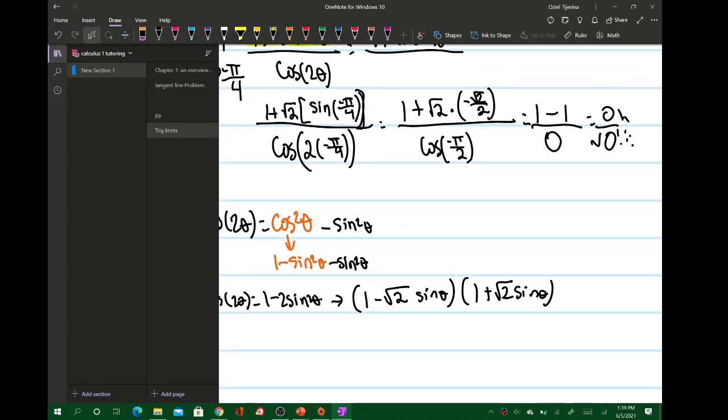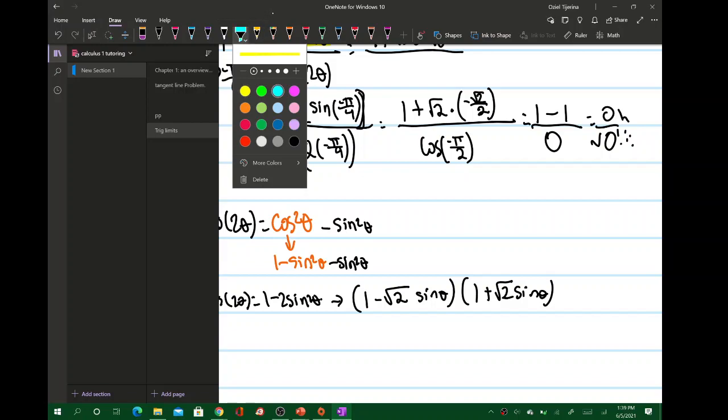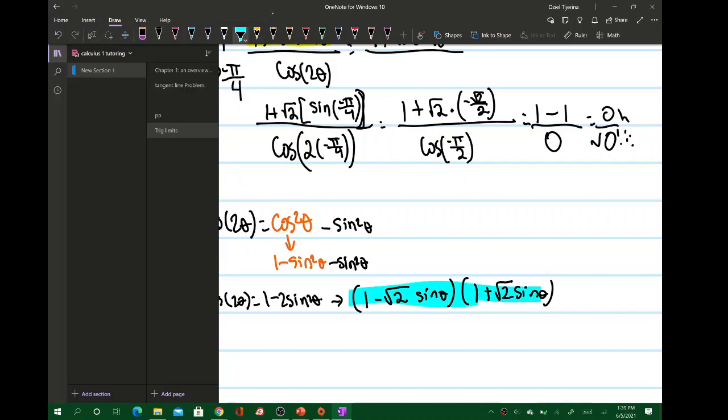So if I color code, this part is going to be this part here.